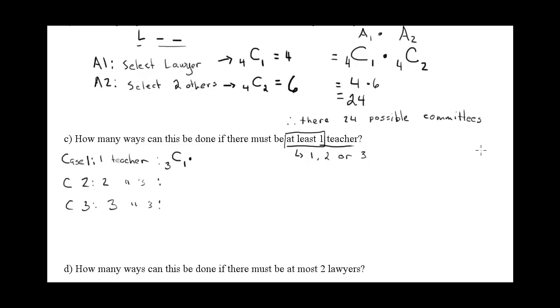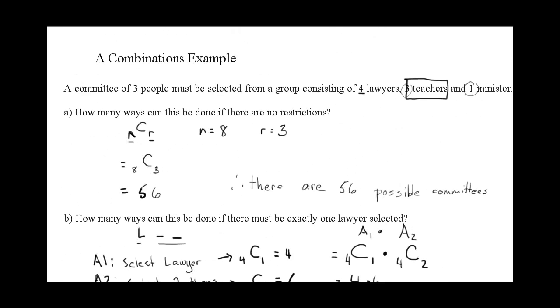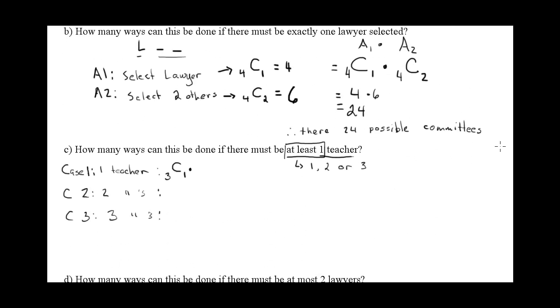So how many other people do you have to choose from? Well, there's 4 lawyers and 1 minister, which must fill up those final 2 spots. So since there was 4 and 1, that'd be 5, and we're choosing 2 of them. Okay, so that would be 3 times 10, which would be 30.